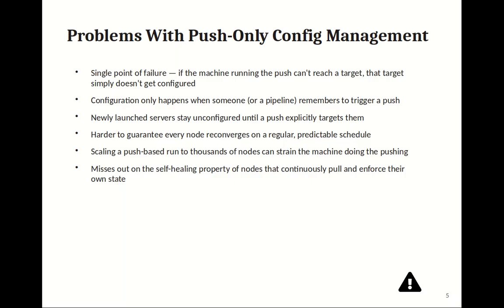It's harder to guarantee every node reconverges on a regular, predictable schedule. Scaling a push-based run to thousands of nodes can strain the machine doing the pushing, and it misses out on the self-healing property of nodes that continuously pull and enforce their own state.